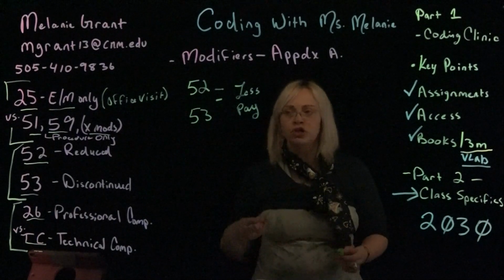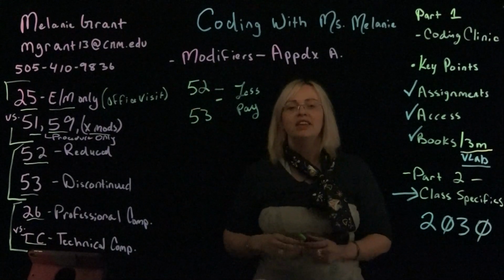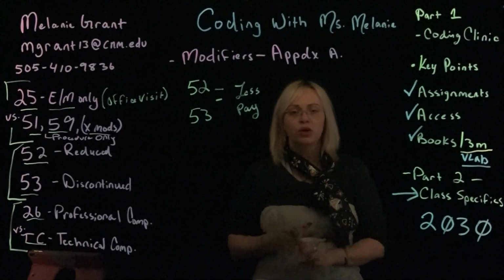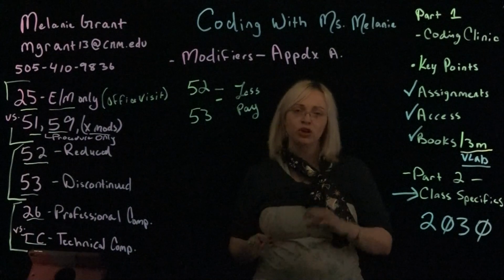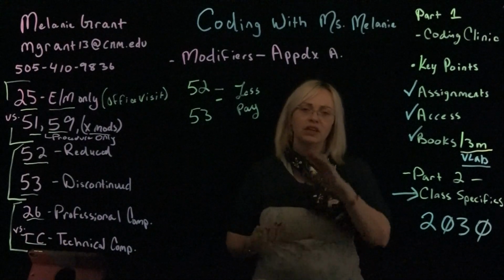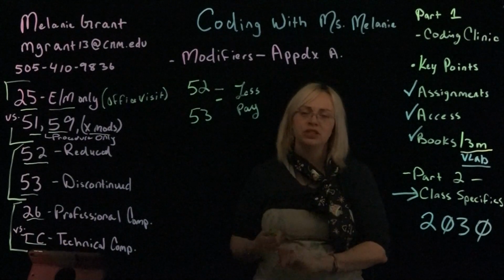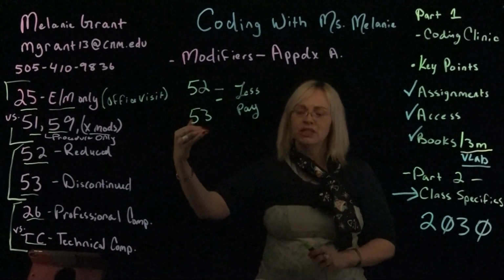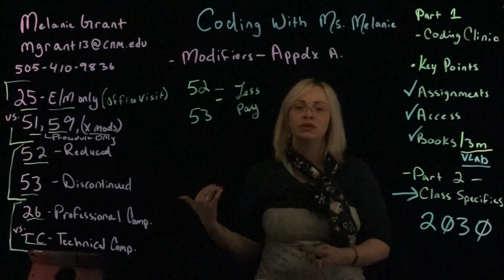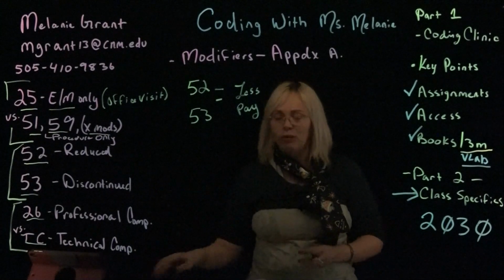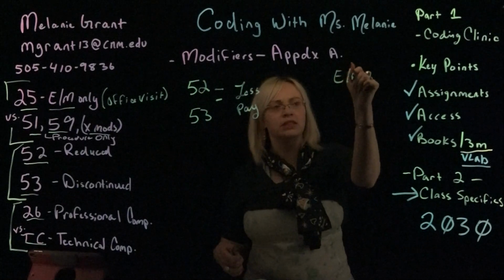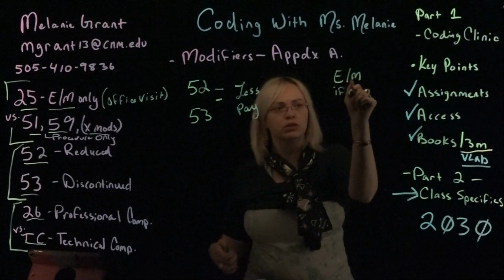Do we charge the 52 or 53? The answer is no. The service was not started. There were no charges. There was nothing incurred by our office for having the plan of doing a procedure except our time. So we don't need to bill for a service to get partial payment because no service was partially done. We would instead bill an office visit or an E&M service if no procedure.